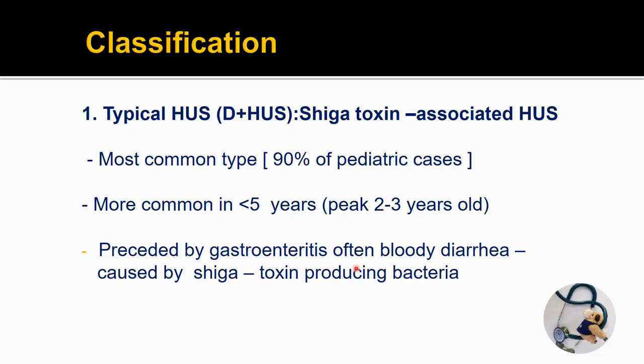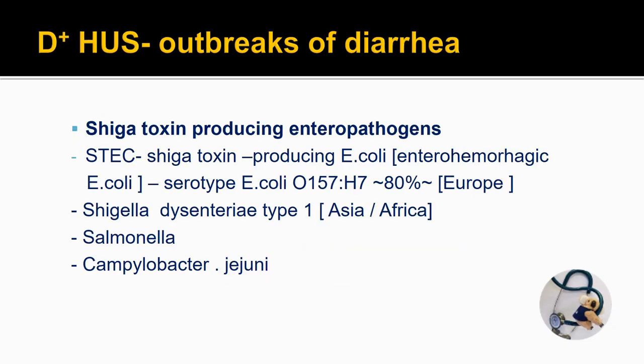This type is preceded by gastroenteritis, often bloody diarrhea, caused by Shiga toxin producing bacteria. The Shiga toxin producing bacteria can be Shiga toxin producing E. coli, that is the enterohemorrhagic E. coli, with the serotype O157:H7.